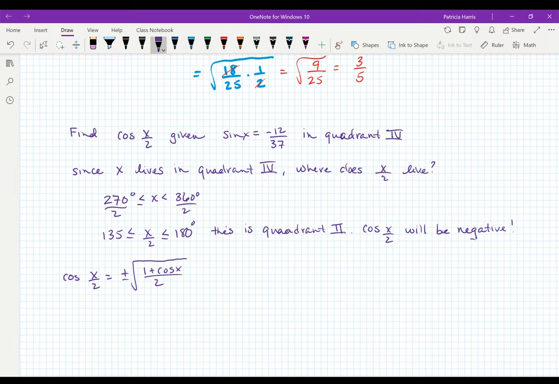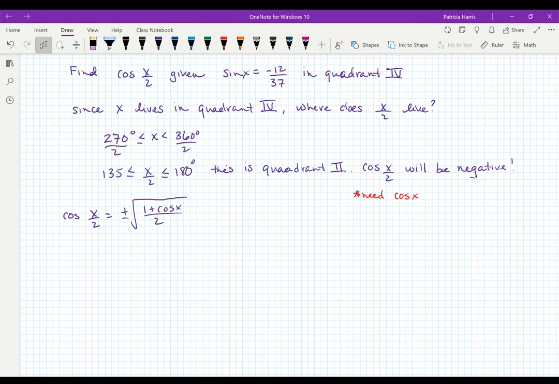Okay, now what else do I need? Looks like I need cosine of x. Now remember, I'm in quadrant 4 if I'm talking about x, and I'm in quadrant 2 if I'm talking about x divided by 2. It's very important that you don't get that confused.